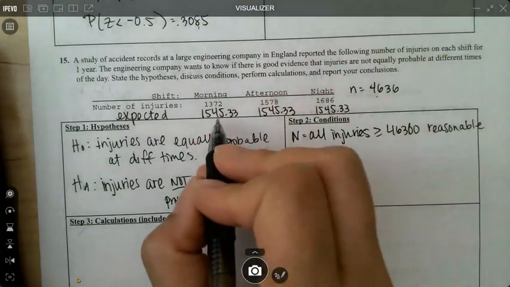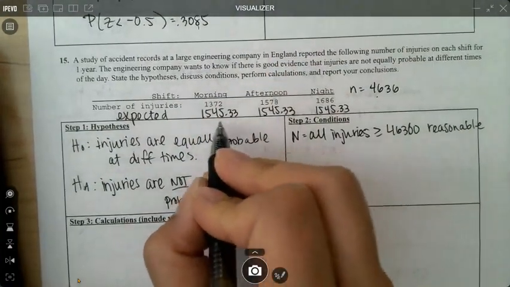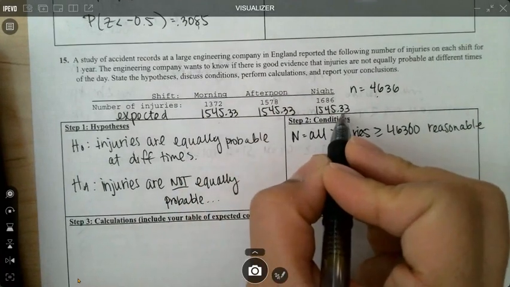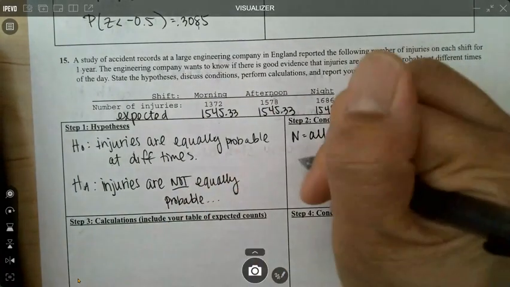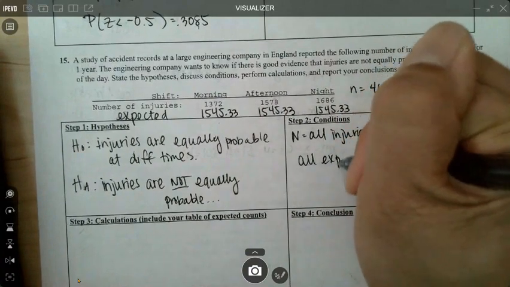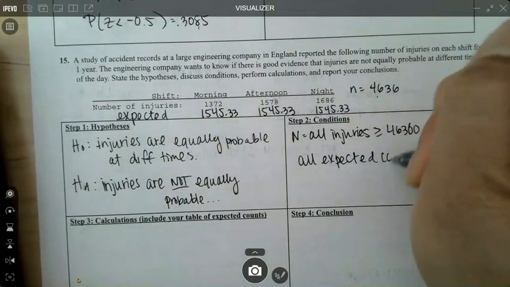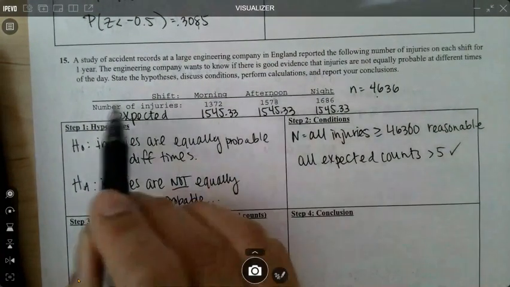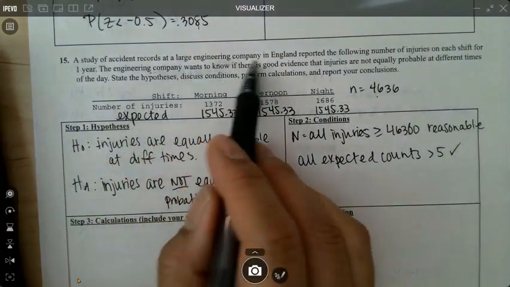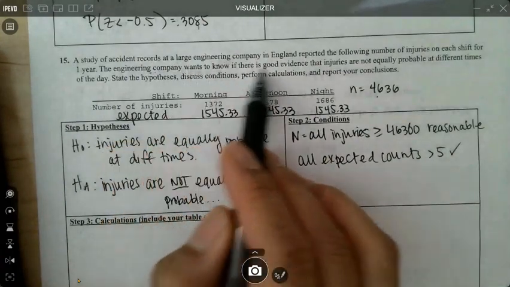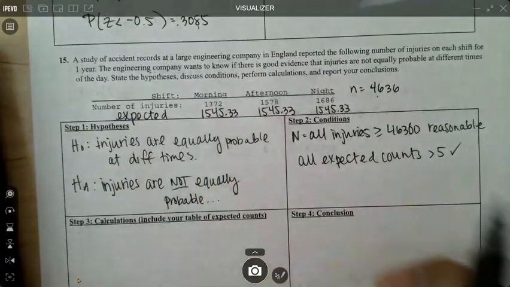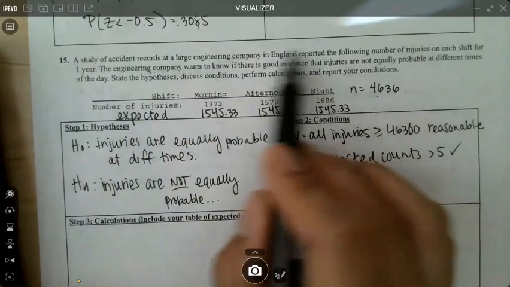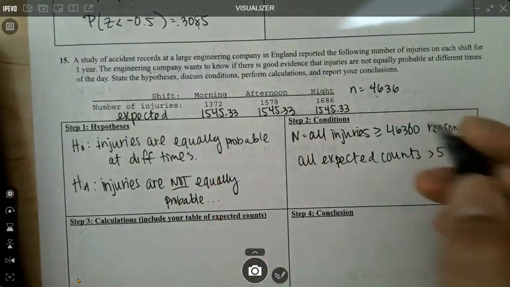In this case, the condition for the chi-square test of goodness of fit is that the expected counts are all greater than 5, which they all are. All expected counts are greater than 5, so that condition is met. And then we do need to say random. Actually, in this problem it doesn't state it, but for the sake of just completing the problem, we're just going to say random was met.